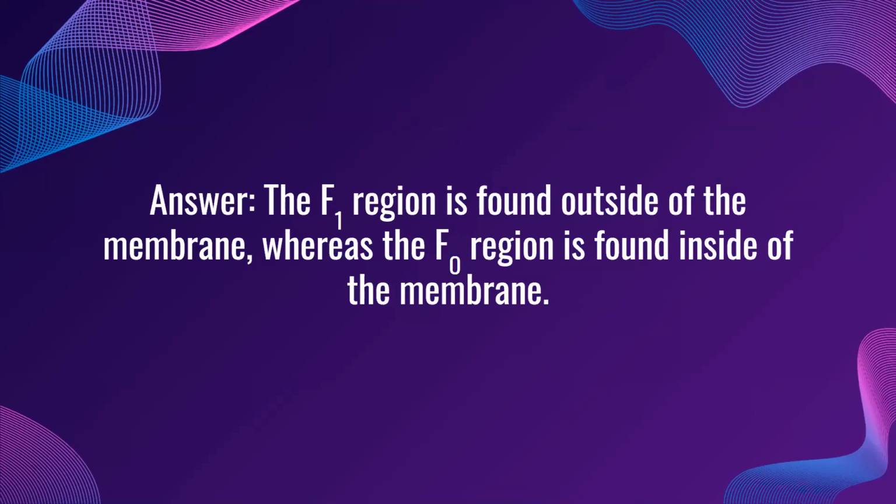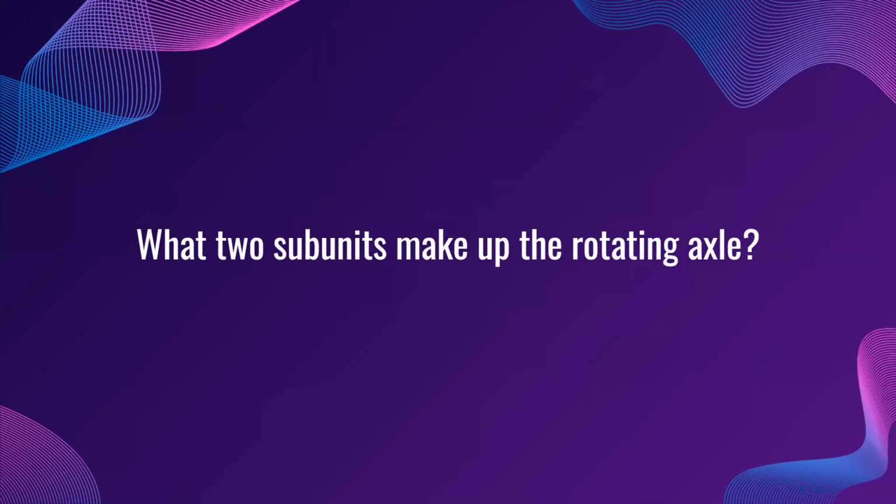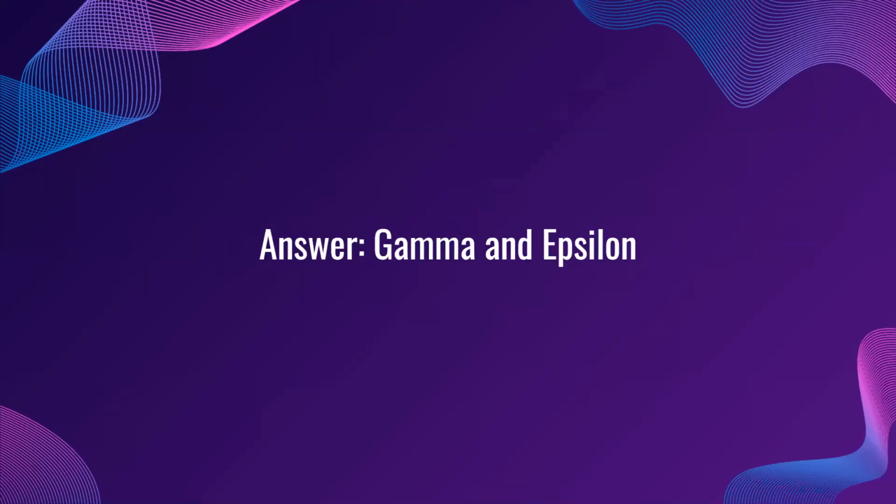The F1 region is found outside the membrane, whereas the F0 region is found inside the membrane. What 2 subunits make up the rotating axle? Gamma and epsilon.